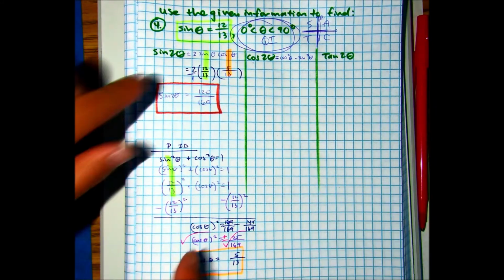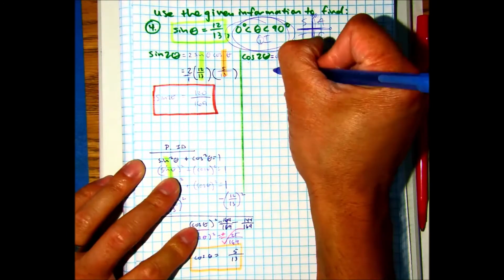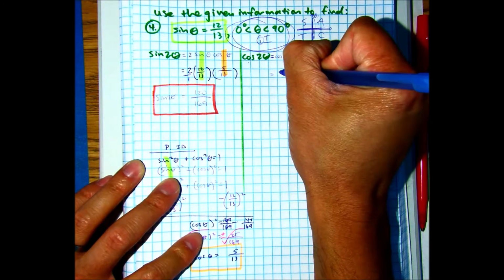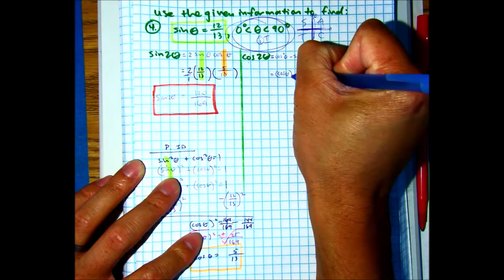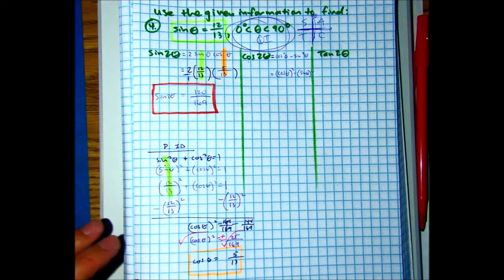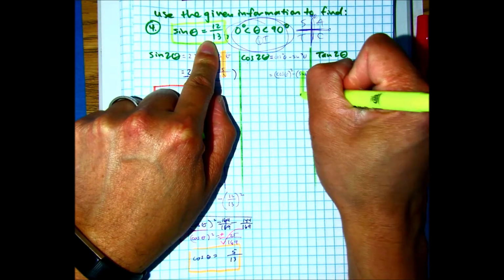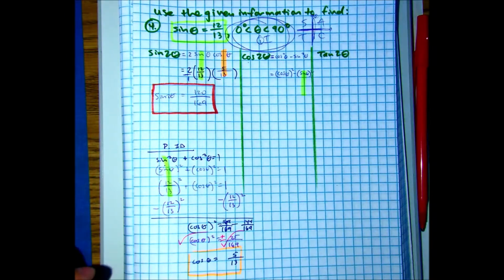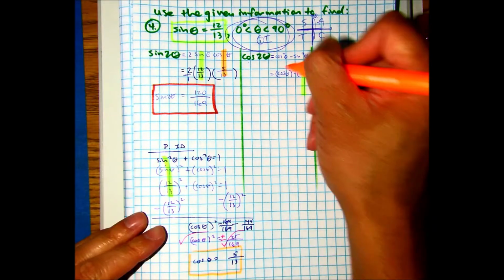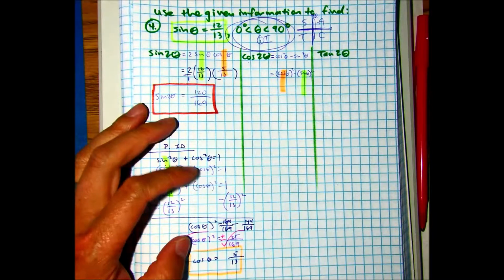Yeah, because we already have both of them. So let's just substitute it back in. If you want to, you can make it student friendly. And then our sine is 12 over 13. And our cosine is 5 over 13. Tell us what's right, David.